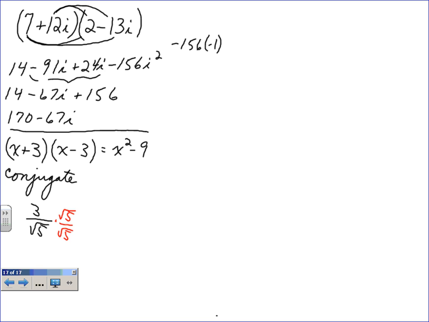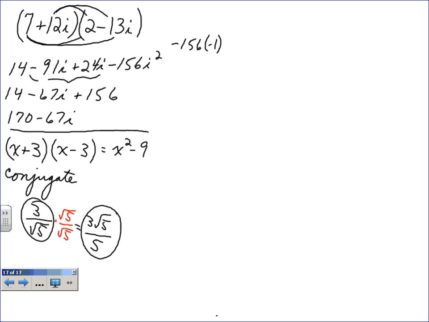On top, for my numerator, 3 times the square root of 5. On the bottom, the square root of 5 times the square root of 5 is what? It's the square root of 25, which is 5. So that this value and the original are the same value. But I've rationalized the denominator in order to get the square root out of the denominator. It's called rationalizing the denominator. Okay, follow me?